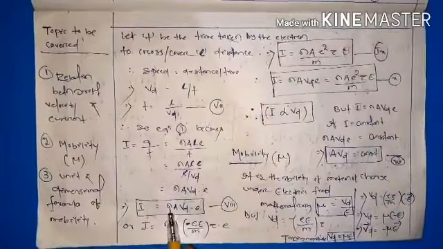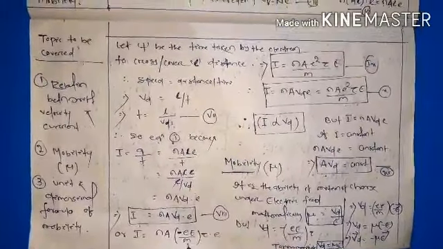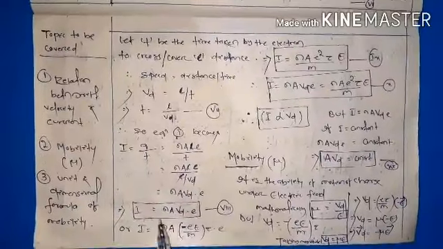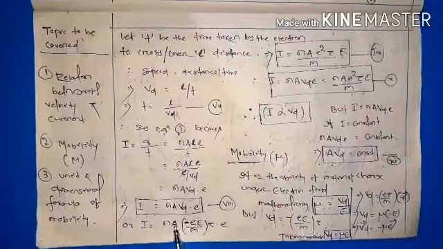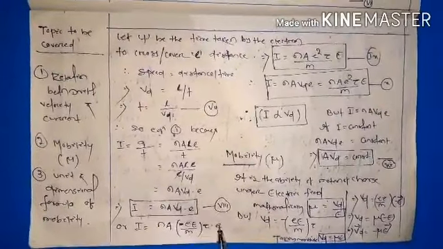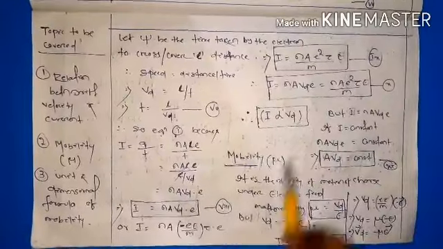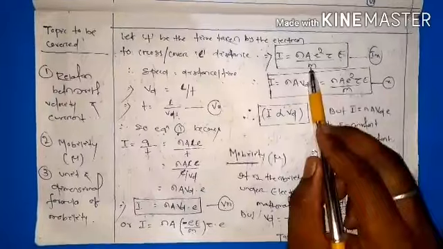So I is equal to nAeVd, but Vd is equal to capital E by m into tau, times e. So equation 3 becomes I is equal to nAe, capital E by m, into tau into small e. Therefore I is equal to nAe square tau E divided by m.